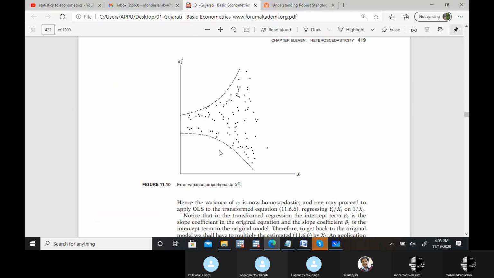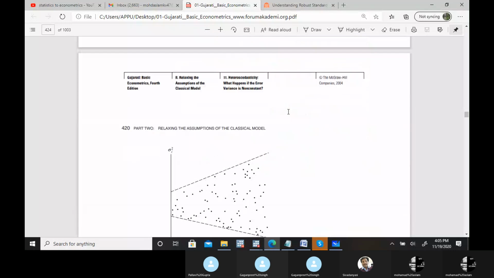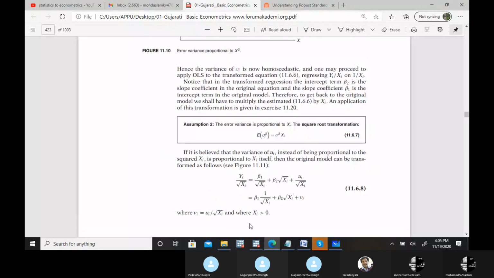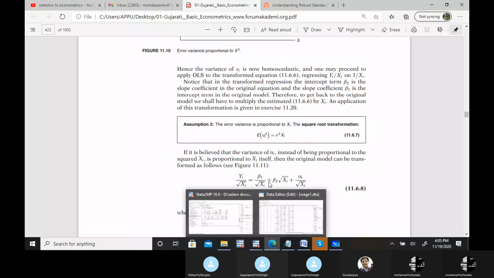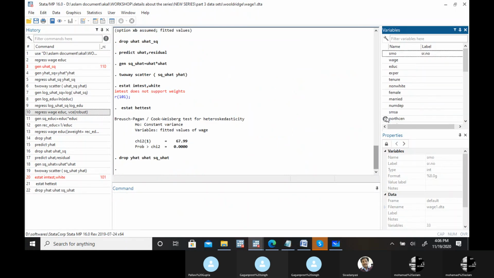If the variance is increased in this particular form, then it might be because of the x square. Then you have to go with another assumption, where we take x in this particular form. So let's see if this will work or not. Then we have to do it with the square root. So let me clear it first. I have to drop this y hat and u hat square.